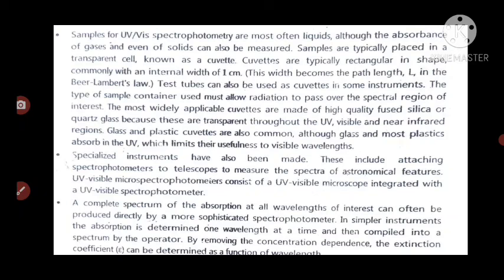So we have to see the different functions of this spectrometer determined as a function of wavelength, first of all the detection of impurities.